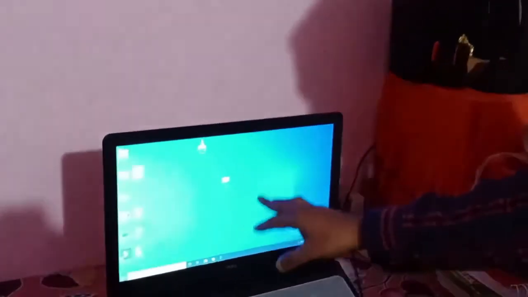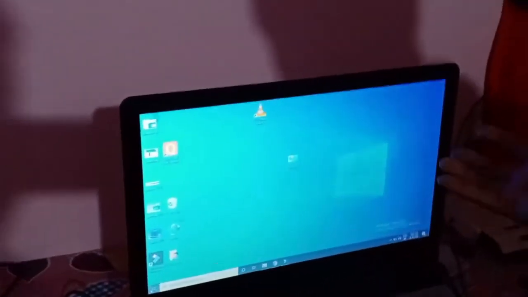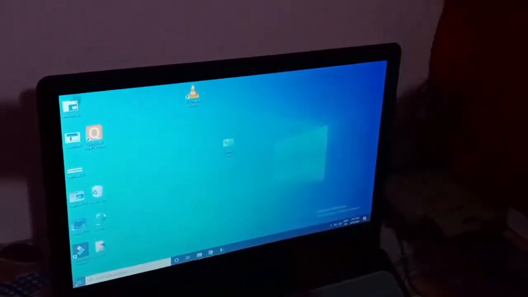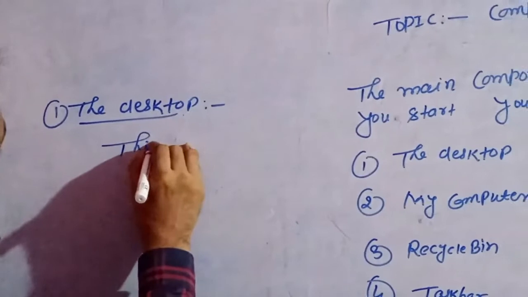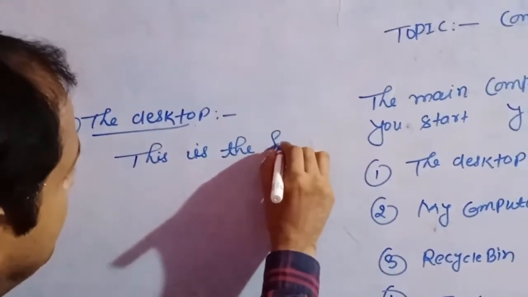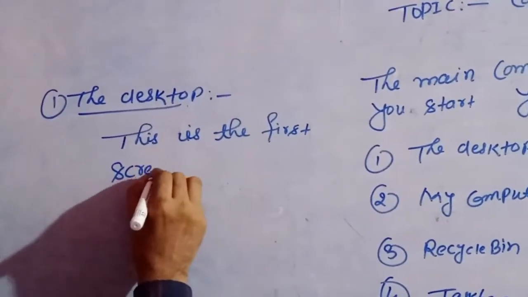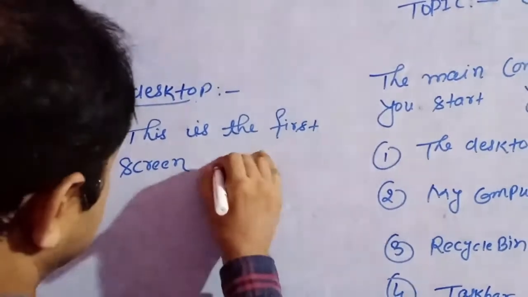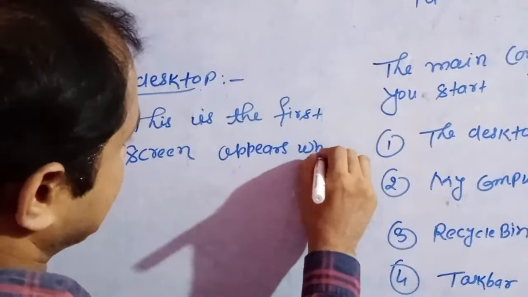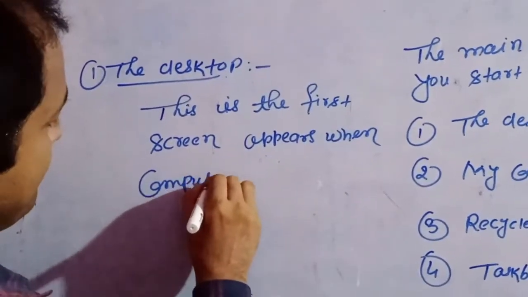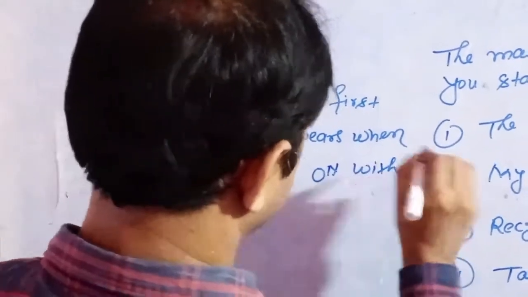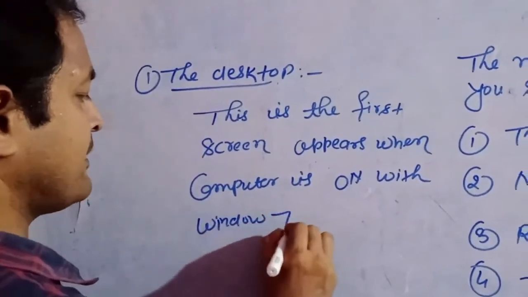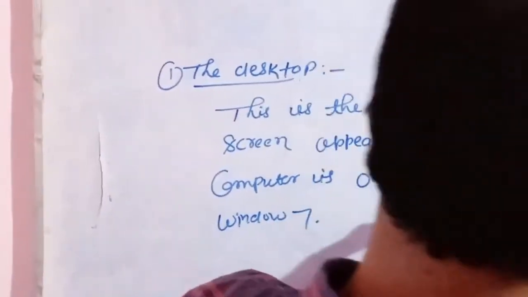The first screen which appears when your computer is on with Windows 7 will show the desktop. This is the desktop.